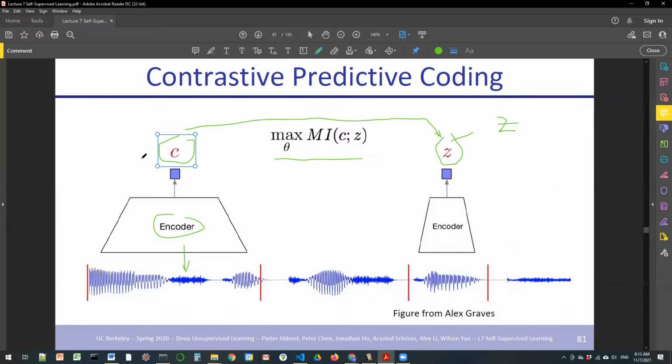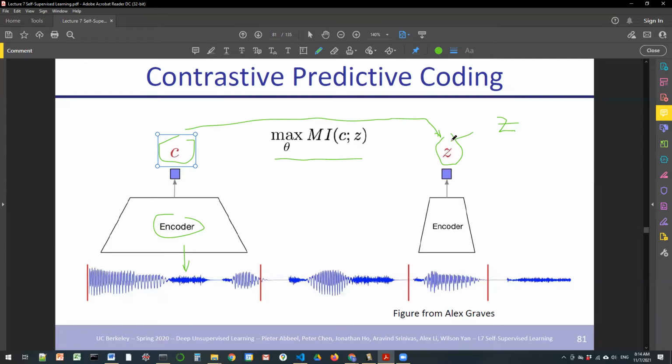So that's kind of the setup. What we want to do is encode a context and predict the target, but context and target are both in the latent space. And the way we do it is to say we maximize the predictive capability of C with respect to its ability to predict Z in the latent space.